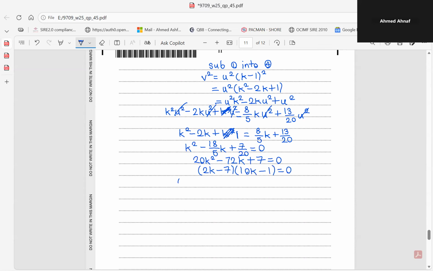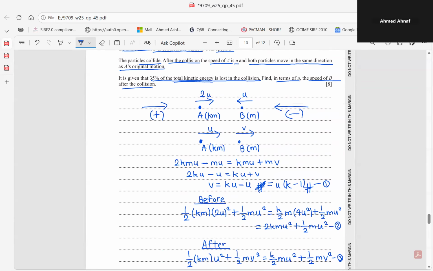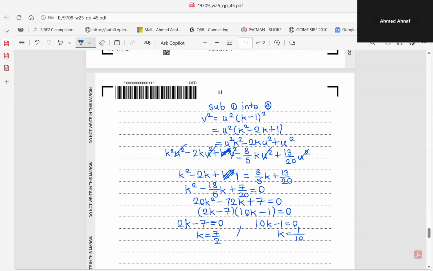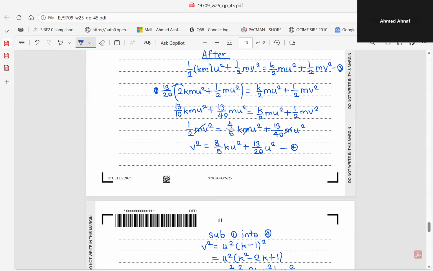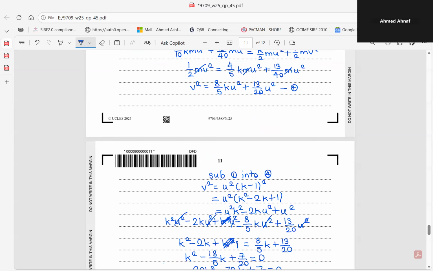Okay, give me a while. All right, then you get 2k minus 7 equals to 0. Then k is 7 over 2. Then here k is equals to 1 over 10. For v, we know that v has to be more than 0, so k has to be more than 1.